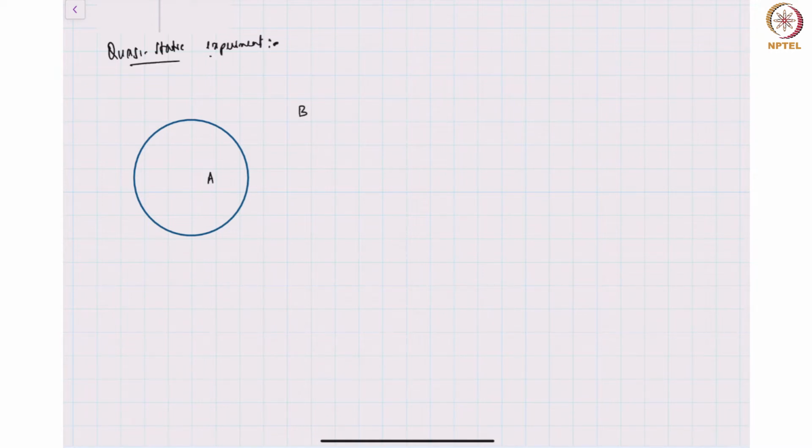I call it an experiment, but it's not really an experiment, it's a thought experiment. Okay, now we'll start with a bubble or a drop of radius r. What I now want to do is stretch this radius to a new radius.